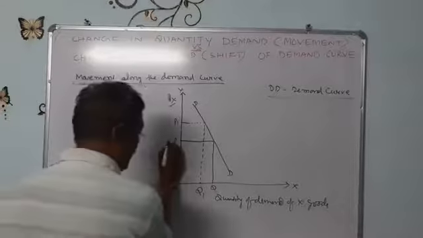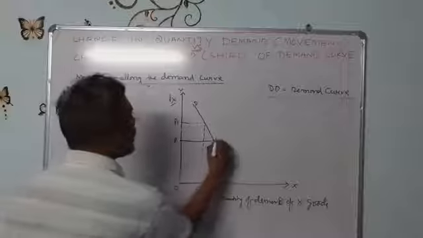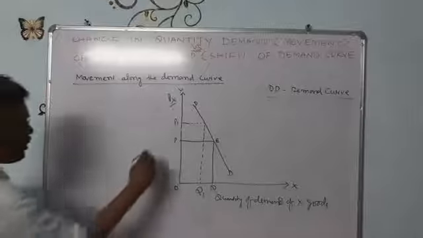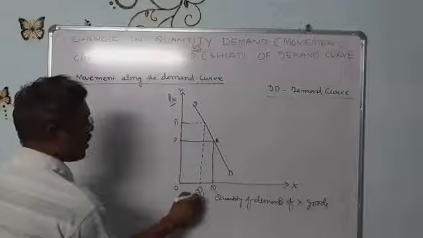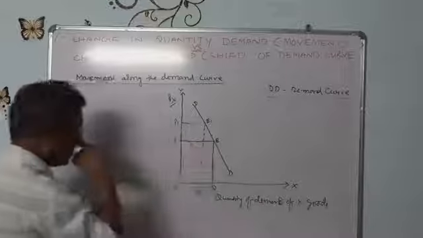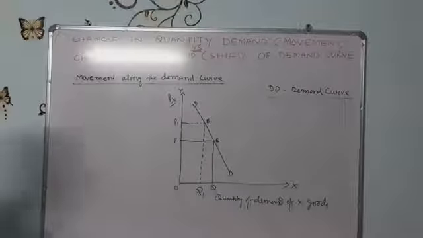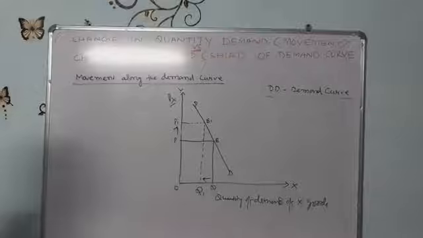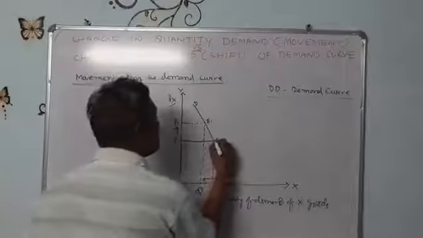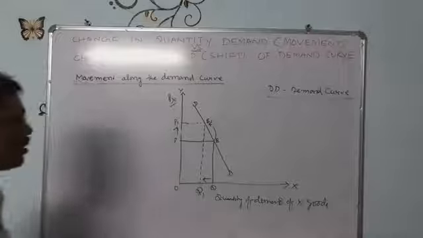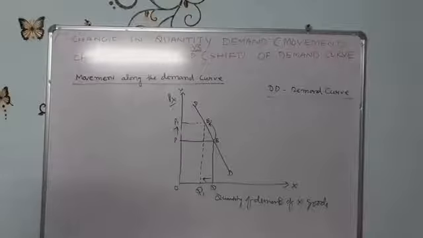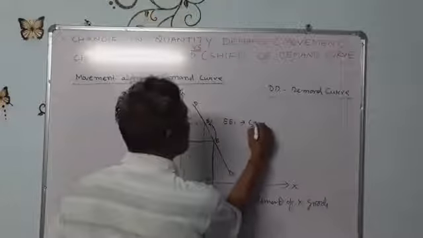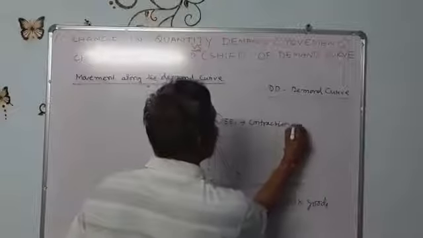When price was P and quantity demanded was Q, E is the point on the demand curve DD. When price is P1 and Q1 is the quantity demanded, then E1 is the point on the demand curve. So price increases, demand decreases, and the movement from E to E1 upwards is known as contraction of demand.